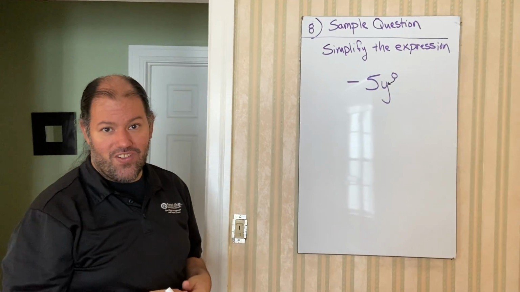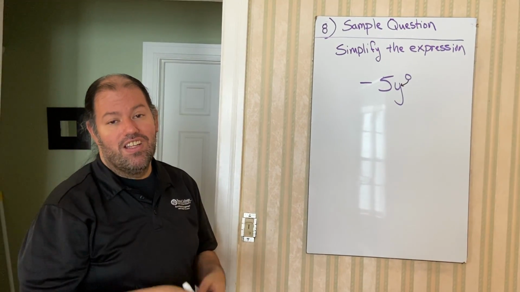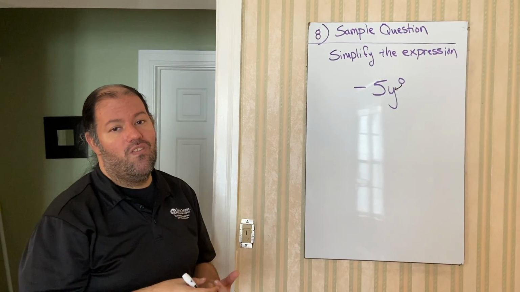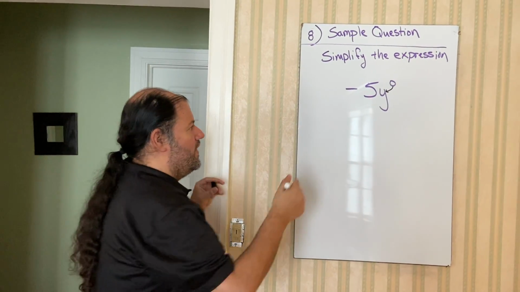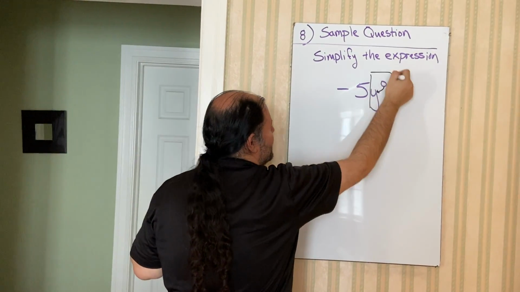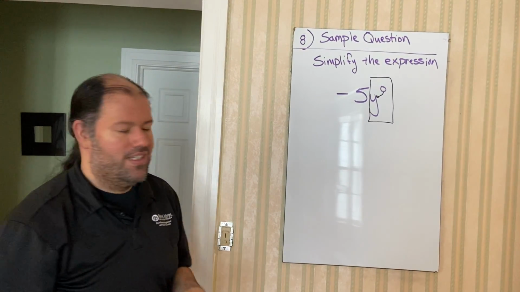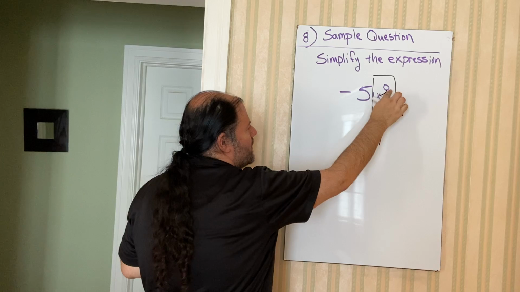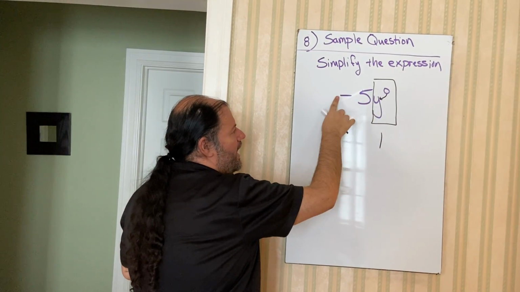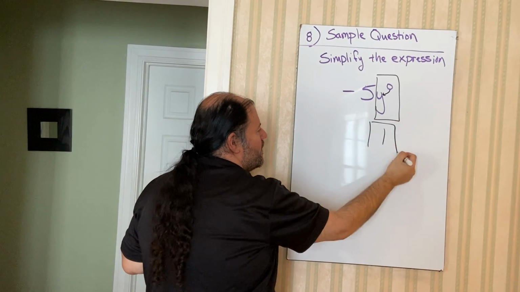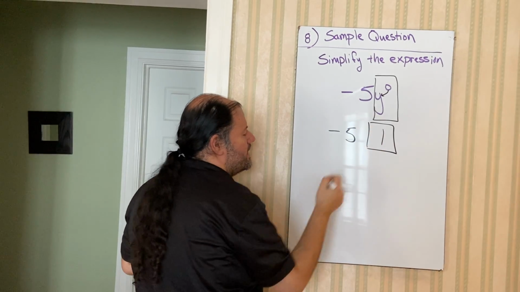Notice it's not touching in parentheses, but the variable. So that means that 0 can only apply to the variable. So only this part can become 1. Since this 0 has no control over the 5 or the negative, they're still there on the outside.